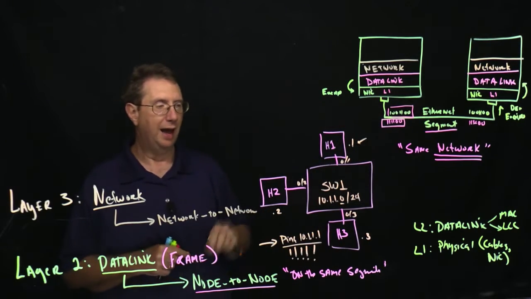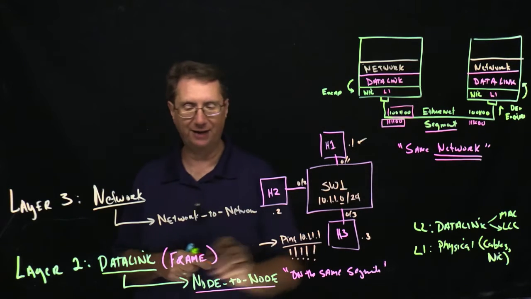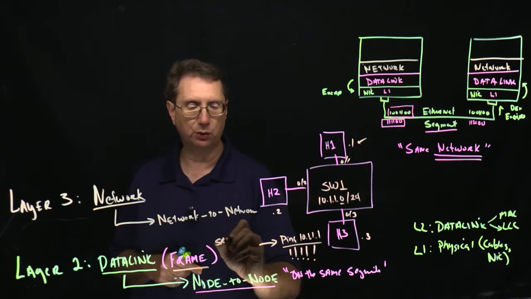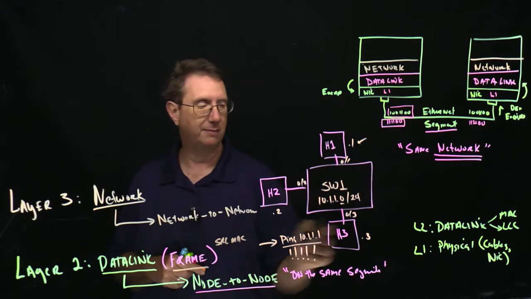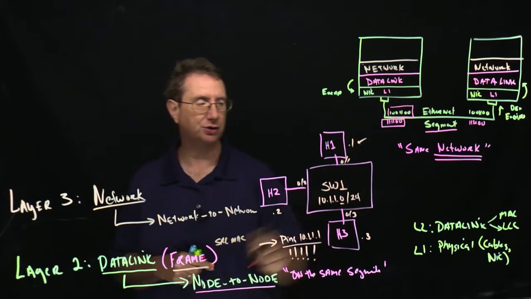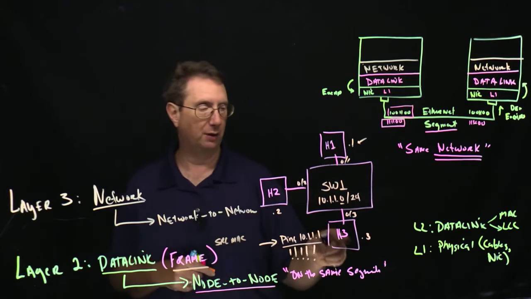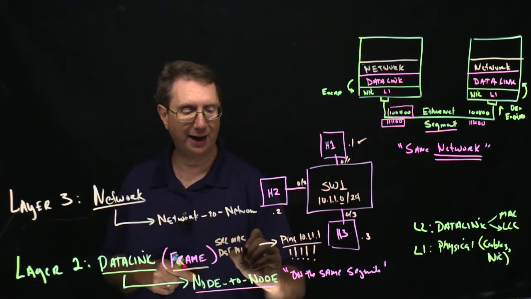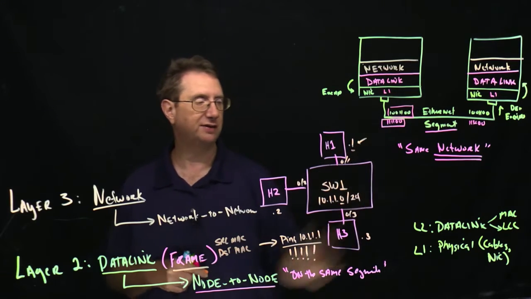So layer 2 will allow me to be able to send information from host 3 to host 1, and I will be able to actually forward that via a frame, and it will have a source MAC address, the MAC address that's issued by the manufacturer of the computer or the network card in H3, and it's going to be destined to a destination MAC address, which is going to be the MAC address of this guy.